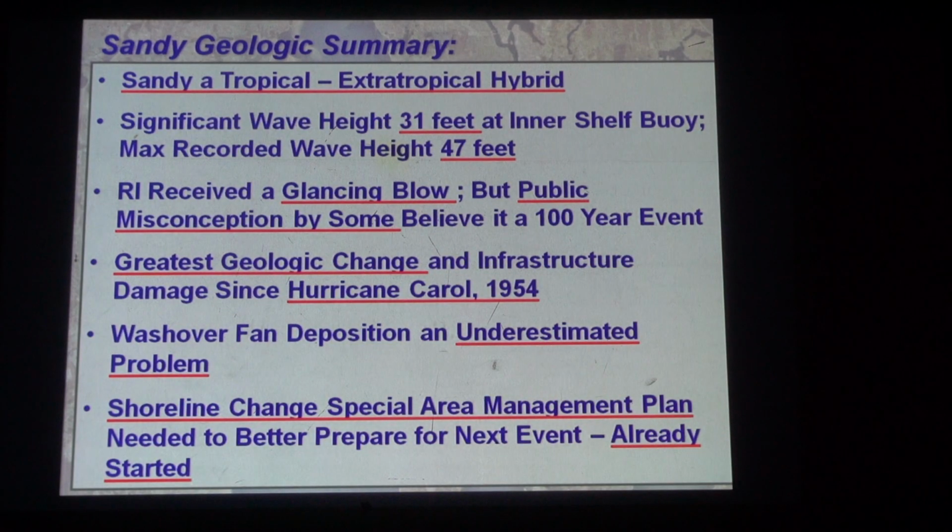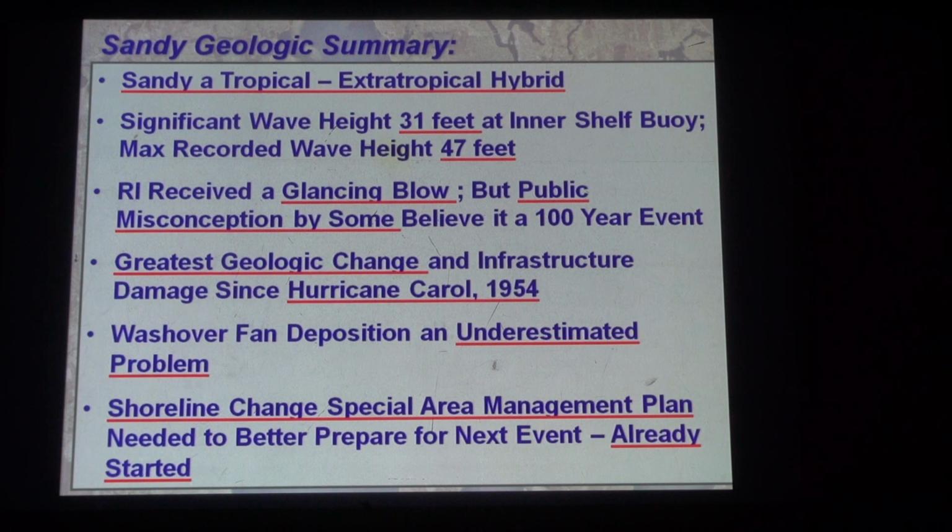Okay, so here's a Sandy geologic summary. What geologists would say, Sandy was a tropical, extratropical hybrid, as David already talked about. It's interesting, the Corps of Engineers has a buoy out in the outer Rhode Island Sound. It recorded a significant wave height of 31 feet at the inner shelf buoy.